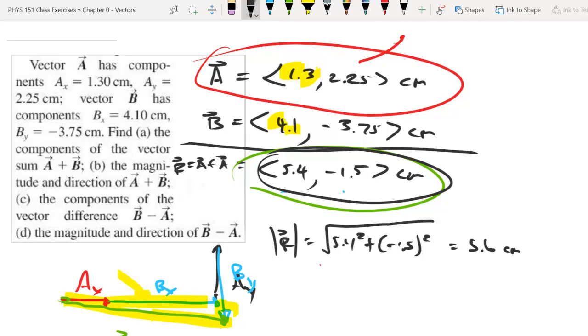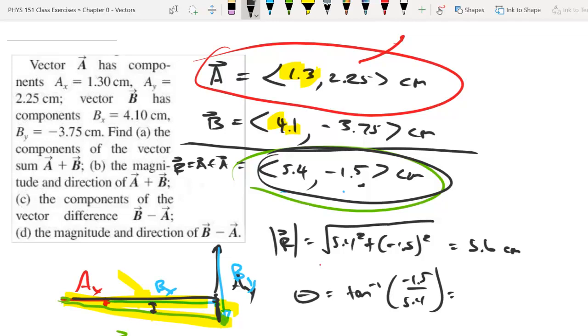And then to find this angle theta, given that I have my y component and my x component, I can just take the inverse tangent of that. So theta is going to be equal to the arctan of ry over rx, so negative 1.5 over 5.4.